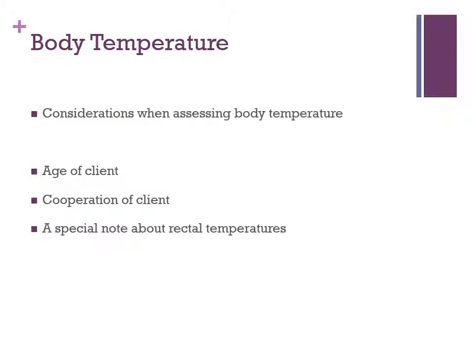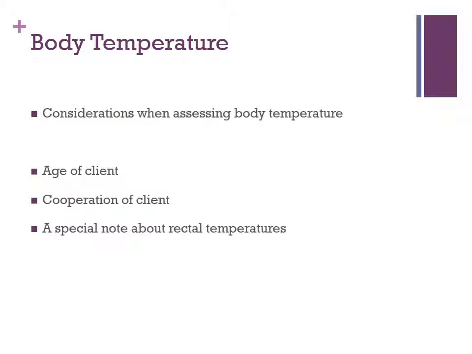And then as far as rectal temperatures, we don't want to use that route when a patient has diarrhea, a rectal disorder or injury, had rectal surgery, is confused or agitated, and also a patient with heart disease, which might be a surprise to you.